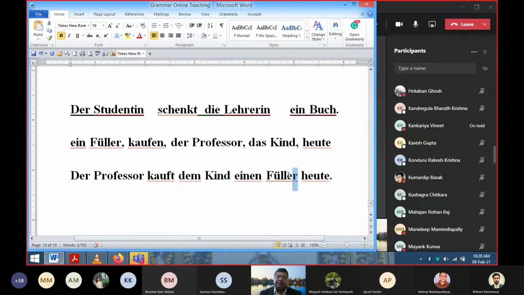Again, you have to keep in mind that when we are using two objects in a sentence, and they are coming one after another, this order should be maintained. That means dative first, then accusative. First the indirect object, then the direct object. So this is the rule.